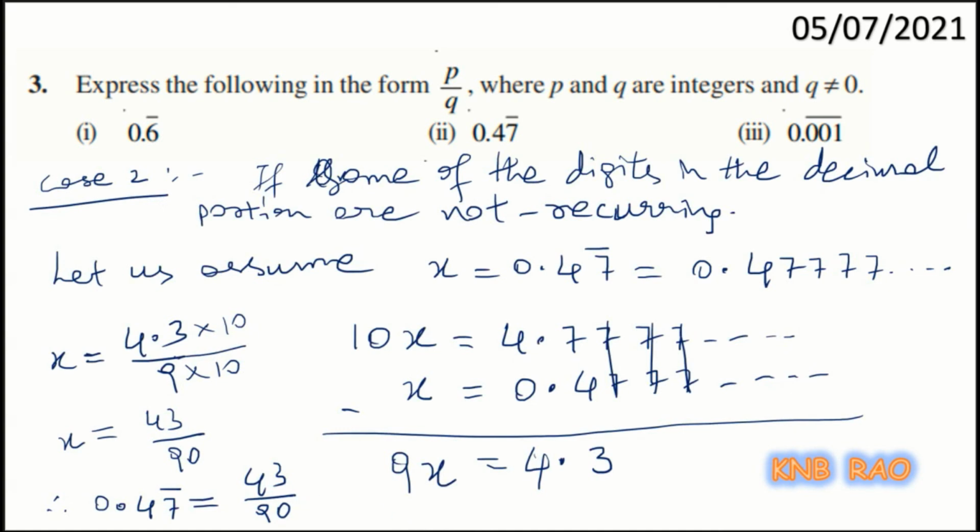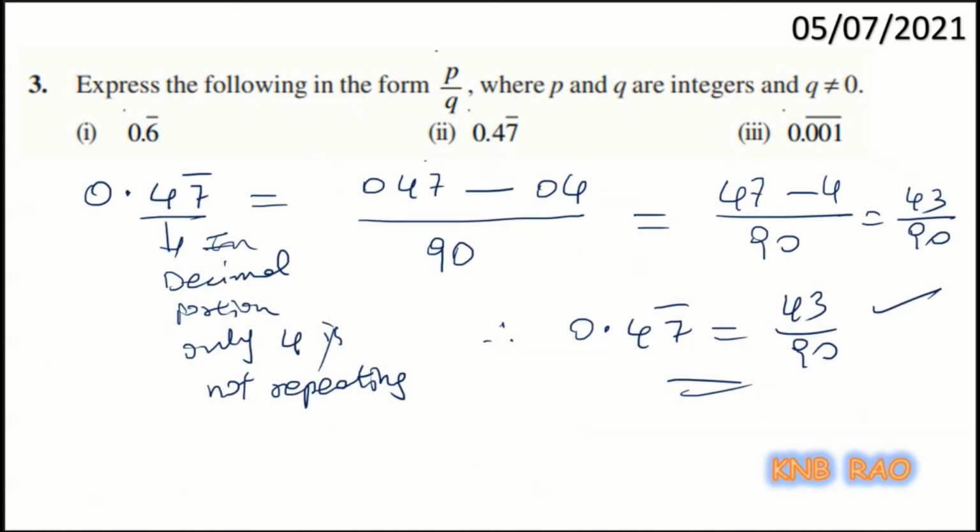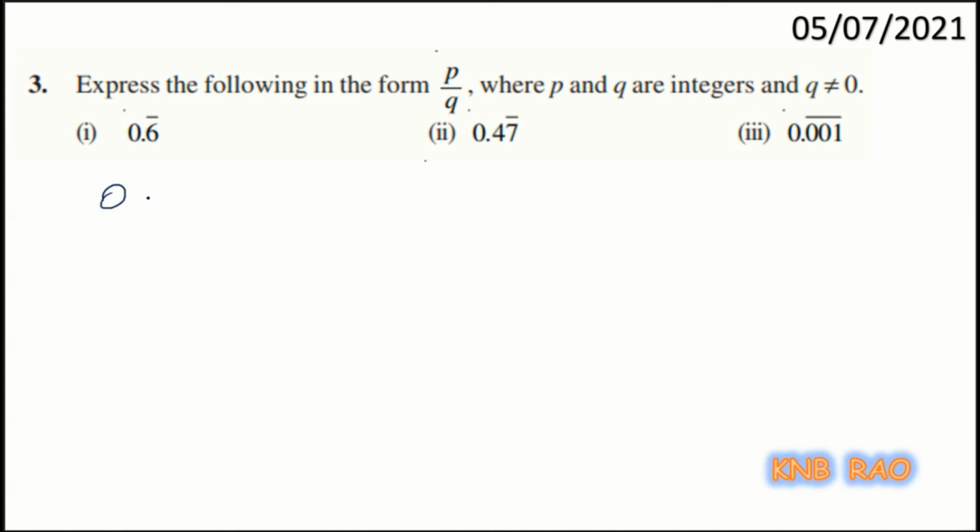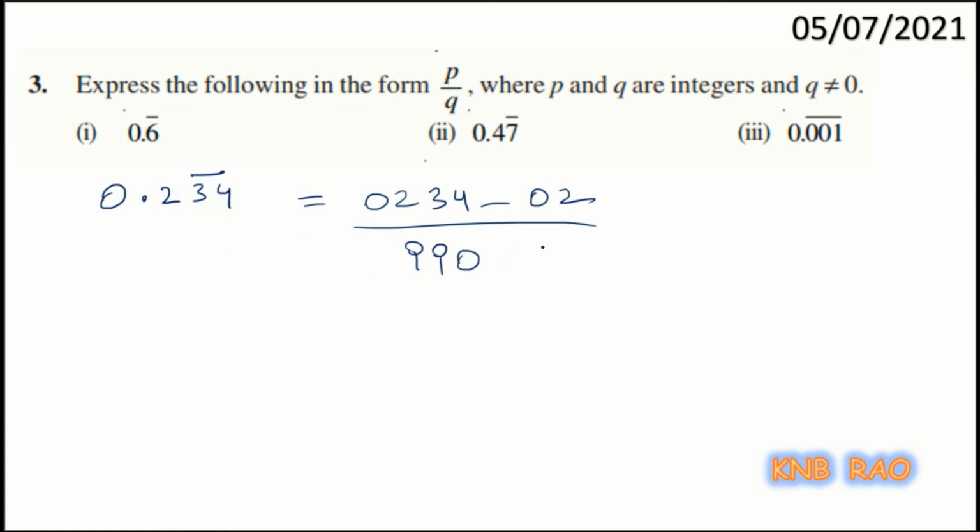Okay. Then we have some more examples here. I will give you one example. 0.234, only 34 bar. How to solve this? So, 234 minus 2 by 99, because periodicity is 2 and here only one digit is not repeating, so that 0 comes.